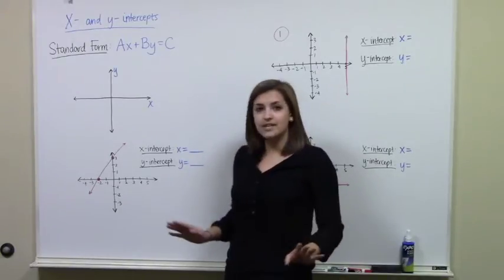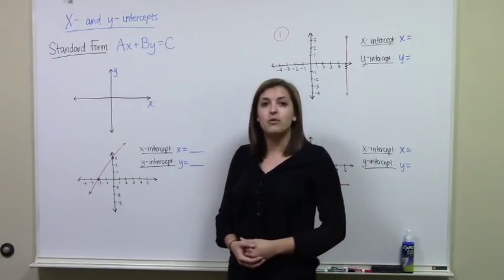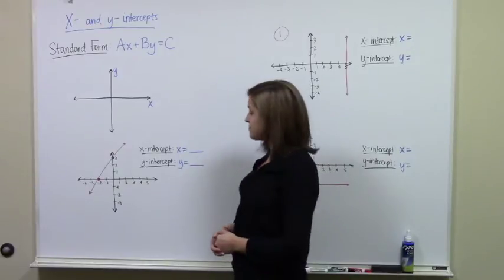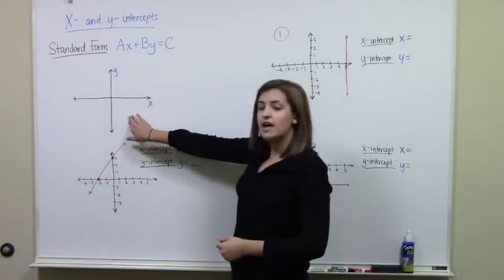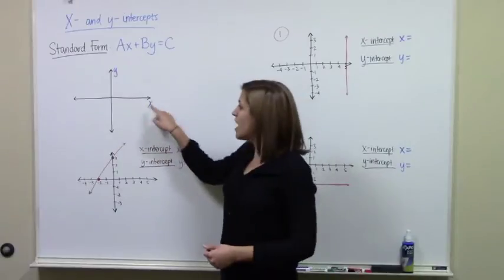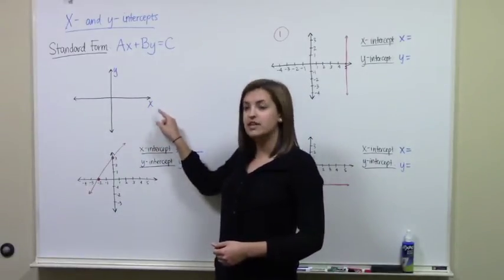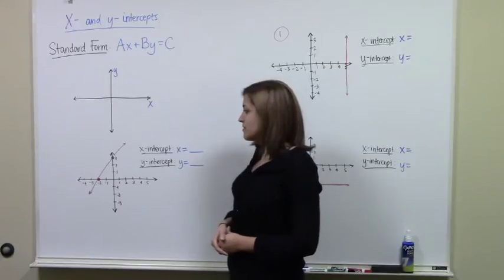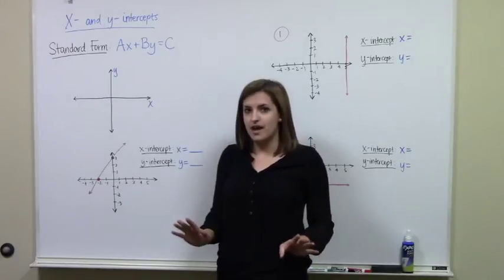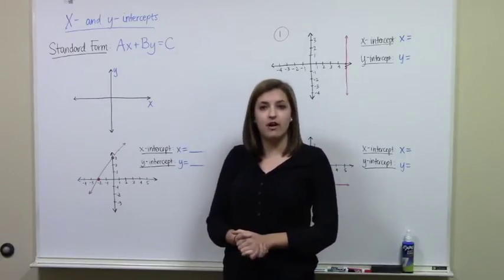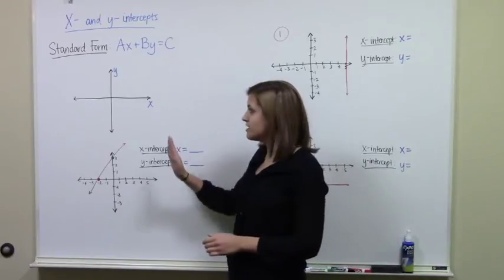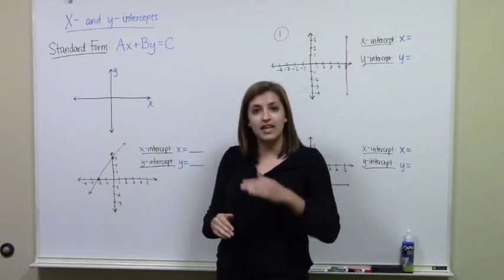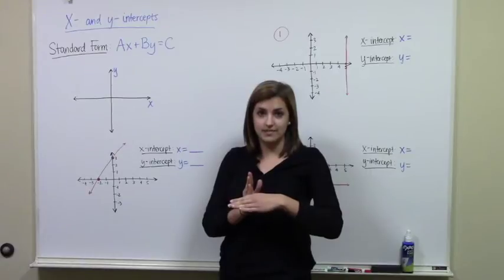So before we really get started, let's review what a coordinate graph looks like. Our coordinate graph has two axes, our x-axis that runs horizontally and our y-axis that runs vertically. So, x and y intercepts. X and y intercepts are points that fall on our line that happen to fall on the x-axis or the y-axis.